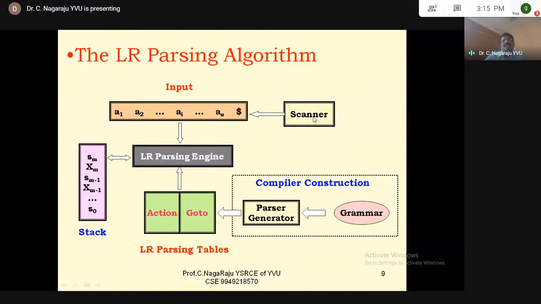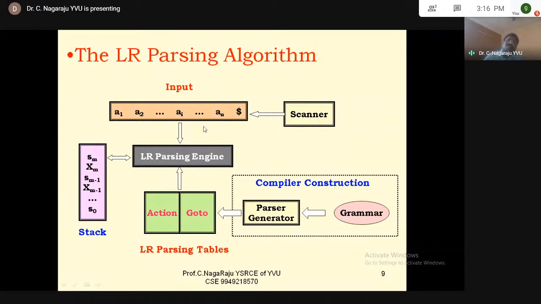The scanner will scan the input string one by one, and the compiler verifies the context-free grammar and the parse generator. The symbol table can be constructed using this, and based on that it will evaluate whether the given string matches or not. This is the entire structure of the LR parsing algorithm.